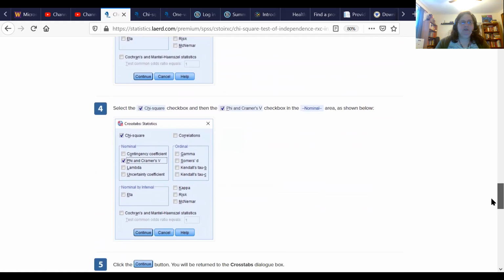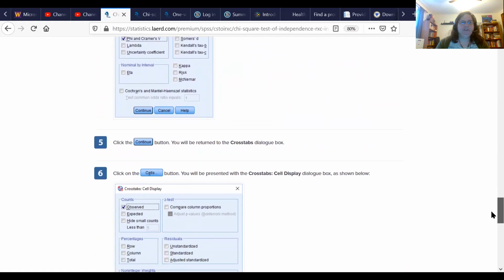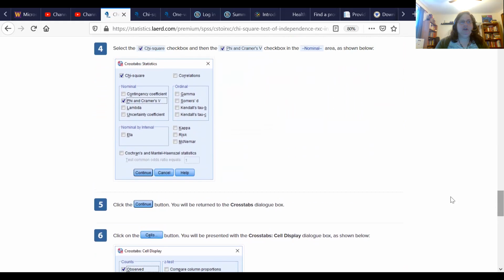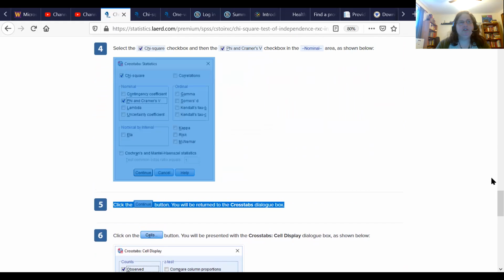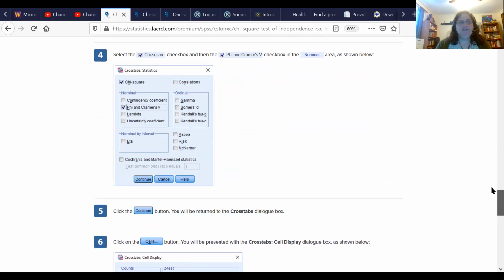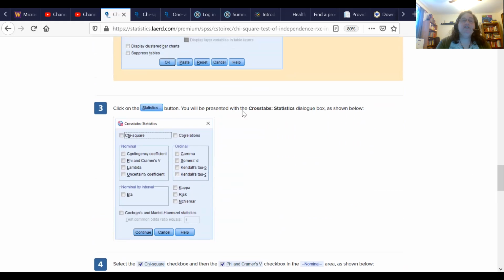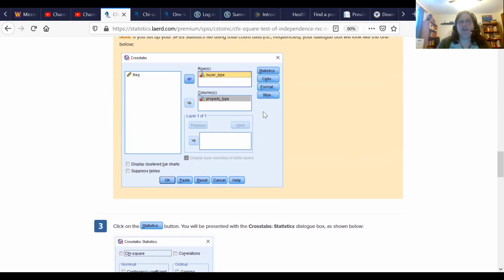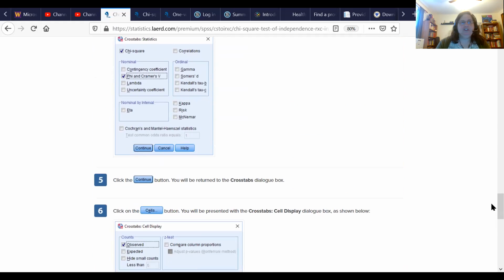And we're going to check off a few things. Sorry, I should go back a step just to show you where this is. Under statistics, we're going to check off a few things, okay? First, you're going to check statistics. Then you're going to check off the chi-square, the phi and Cramer's V. Then we're going to click continue.